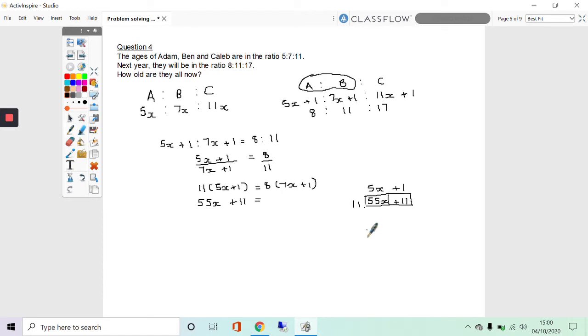And then let's also expand the right hand side. So I'm going to get 56x plus 8.